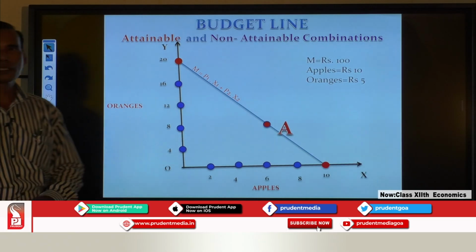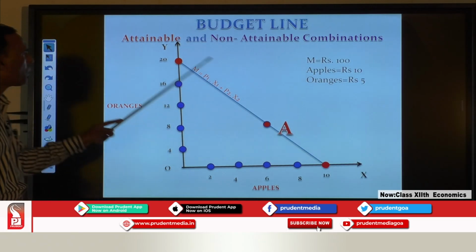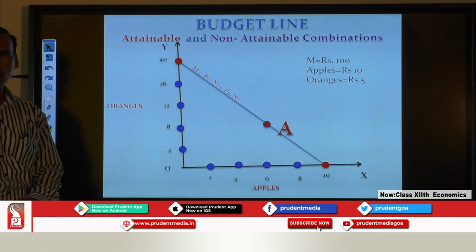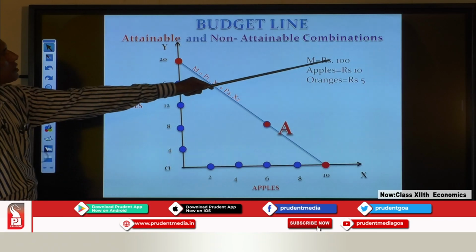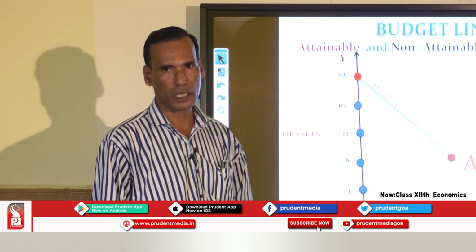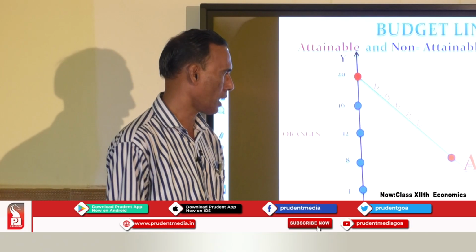Point A lies on the budget line. It indicates that the full income of the consumer is utilized.